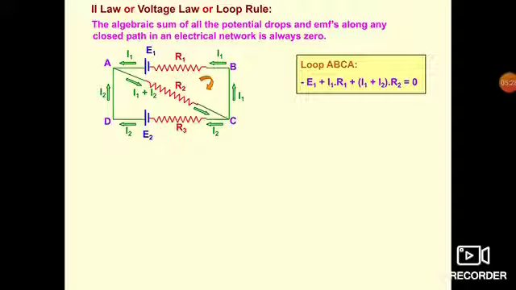I can move in the direction CBAC, or CABC, or again I can go like this ABCA, or I can move like this BACB. It's my choice how I move, but according to the equation written there, ABCA, we have actually taken the path in such a way that where the current is entering, that terminal will become positive, and where it leaves, it will become negative.